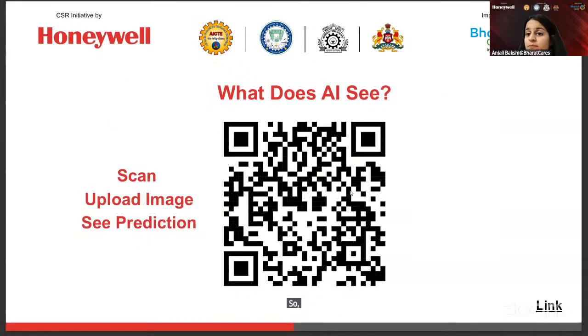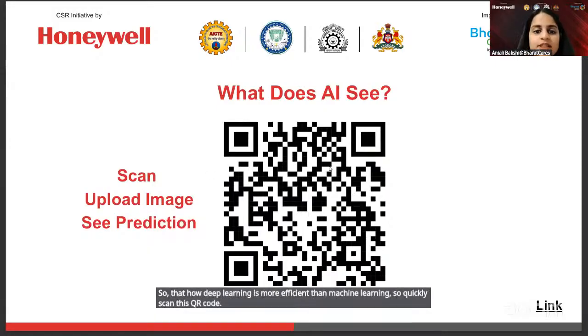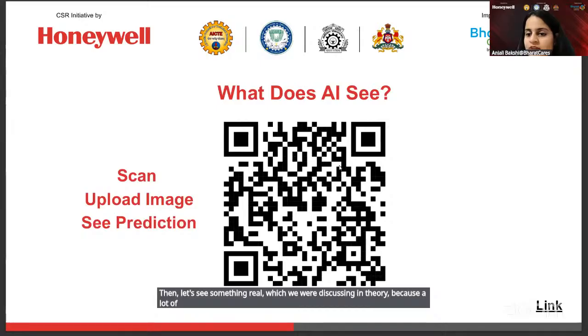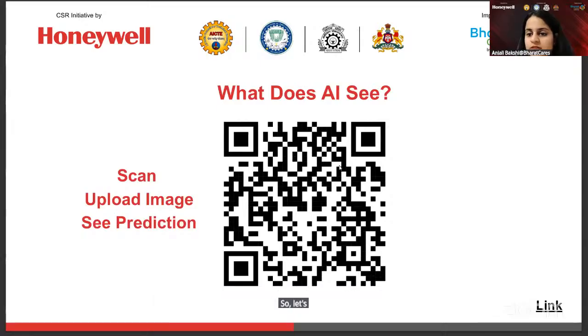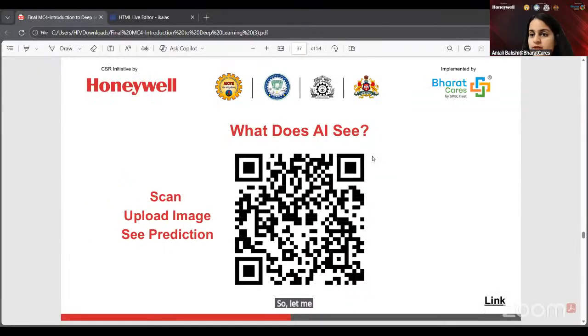Okay, so before moving ahead, we would do one activity, so that we see how deep learning is more efficient than machine learning. So quickly scan this QR code. Then let's see something real, which we were discussing in theory because a lot of theory is done. So let's see something real. So let me also open this.